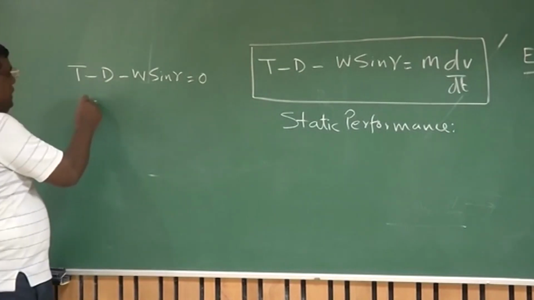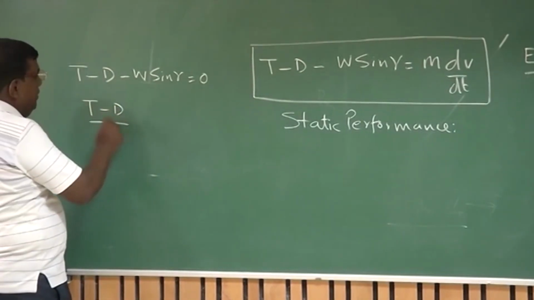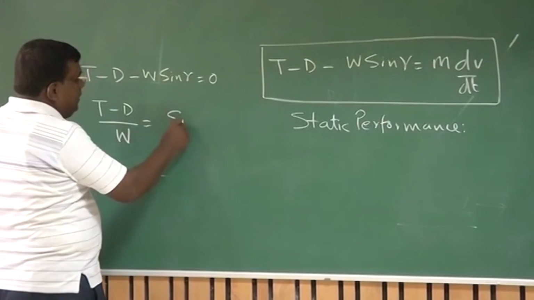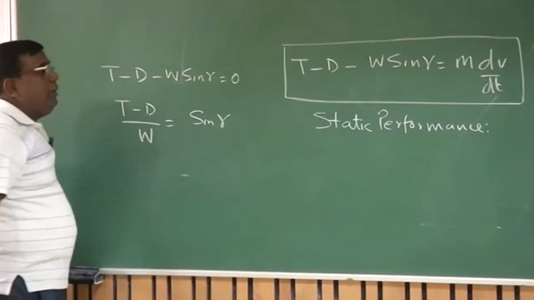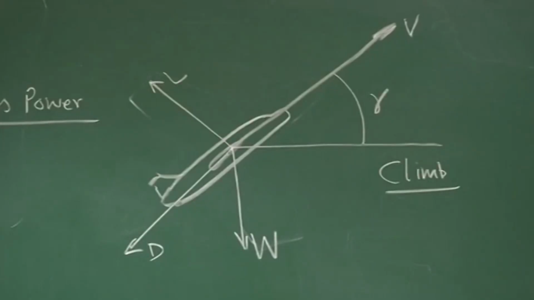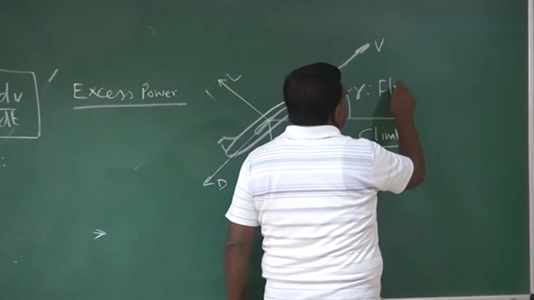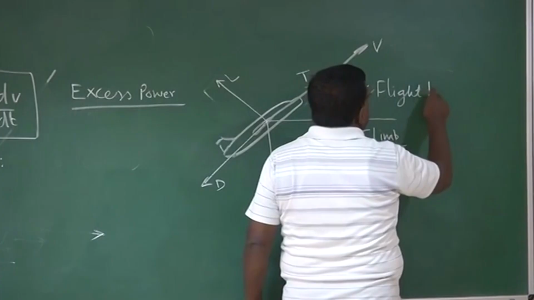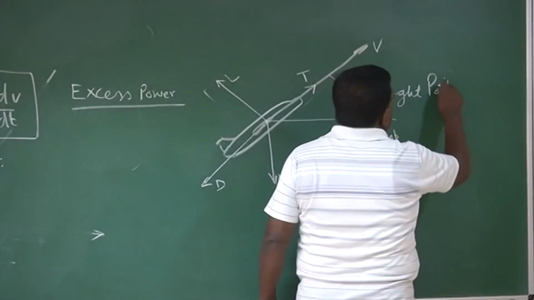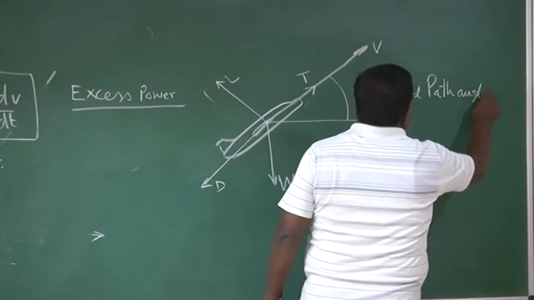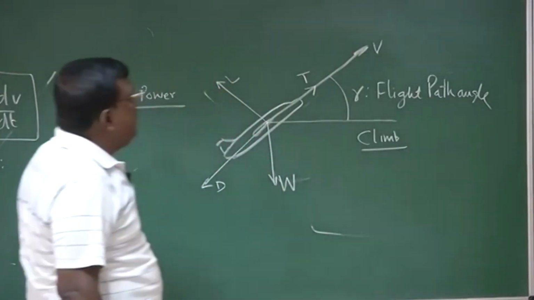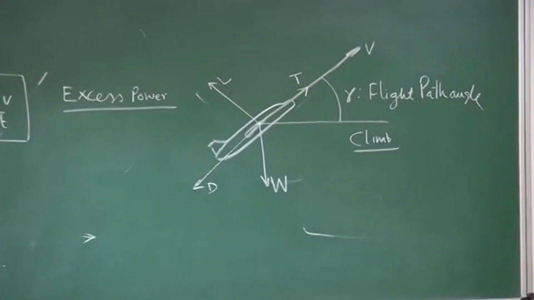So what happens now? T minus D by W is sine gamma. What is gamma? We know very well, gamma is the flight path angle. That is the angle the velocity vector makes with the horizontal. So how is it climbing?